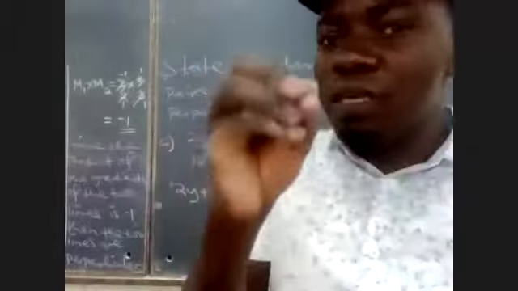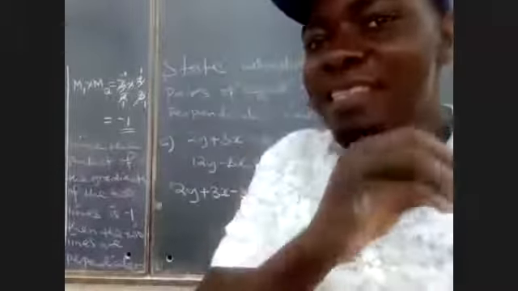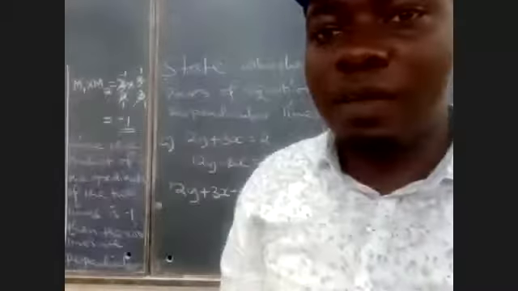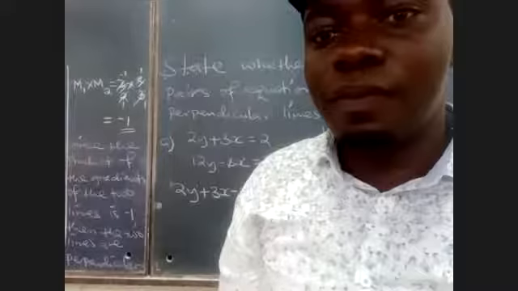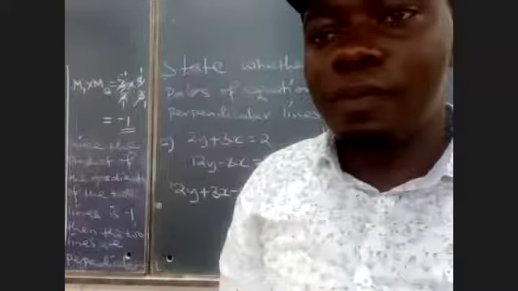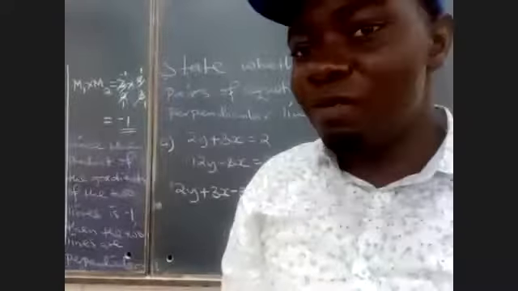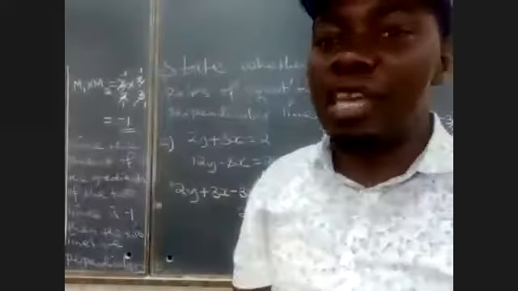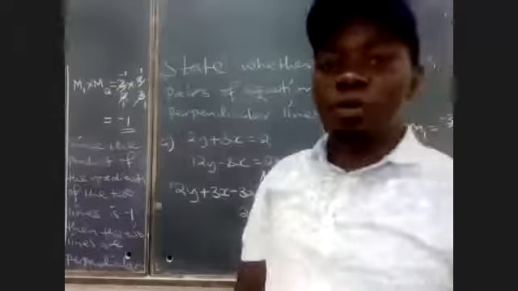The condition for perpendicular lines is that the product of their gradients must be -1. Otherwise, they are not perpendicular. Have I answered that one? Yes, you have. Thank you. Yes, it is only that condition, M1 times M2 is equal to -1, that confirms perpendicular lines.